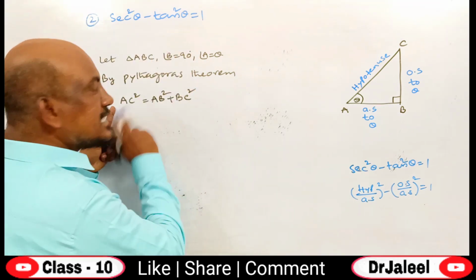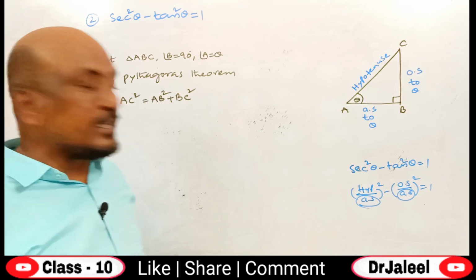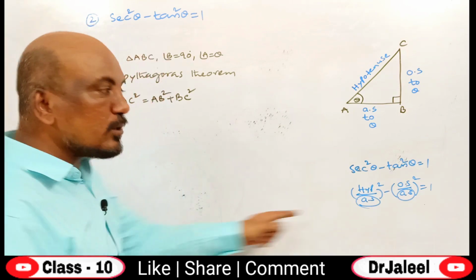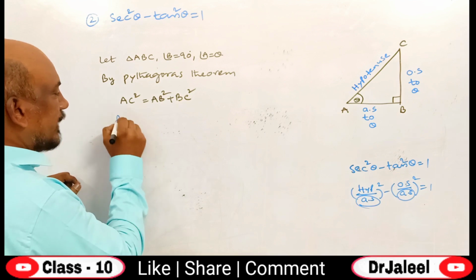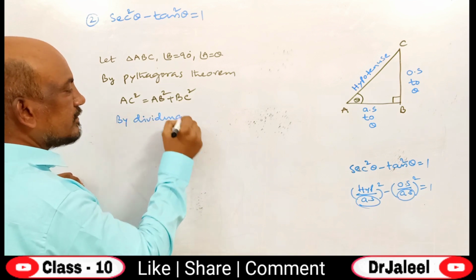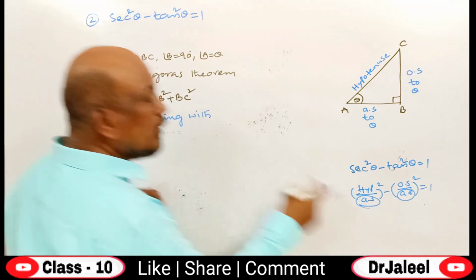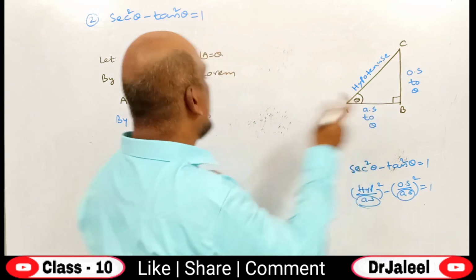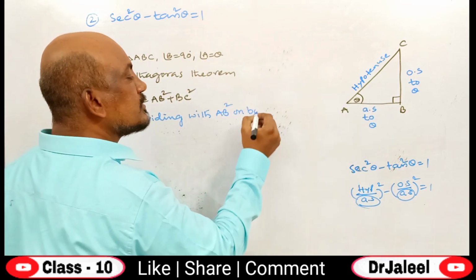So both the sides, with what should we divide this time? We should divide with adjacent side. This is a very crucial part of the solution. What is adjacent side here? AB. So we will divide with AB square on both sides.